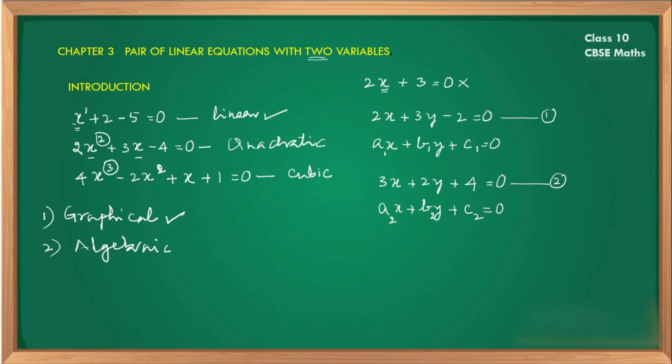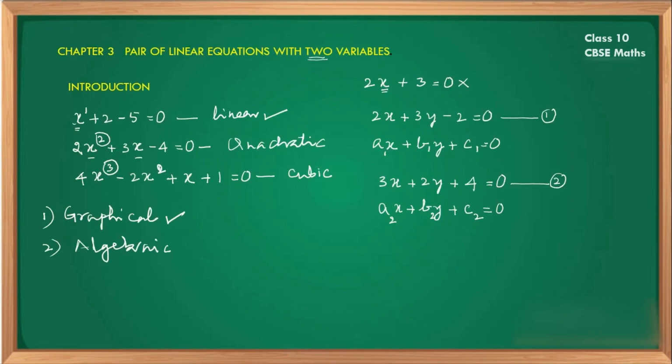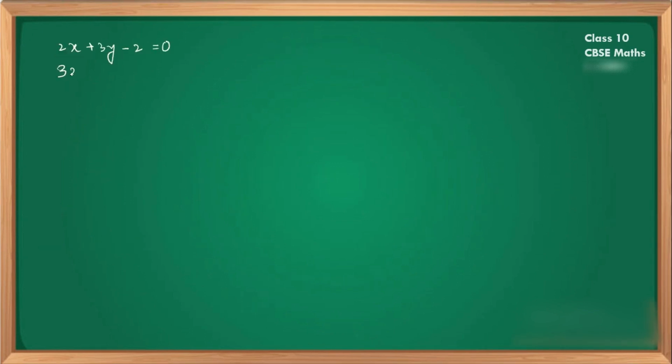Suppose we have two equations that we saw. One is 2x plus 3y minus 2 equals 0. And other one was 3x plus 2y plus 4 equals 0. I am taking the same example. Here we compare a1 and b1.